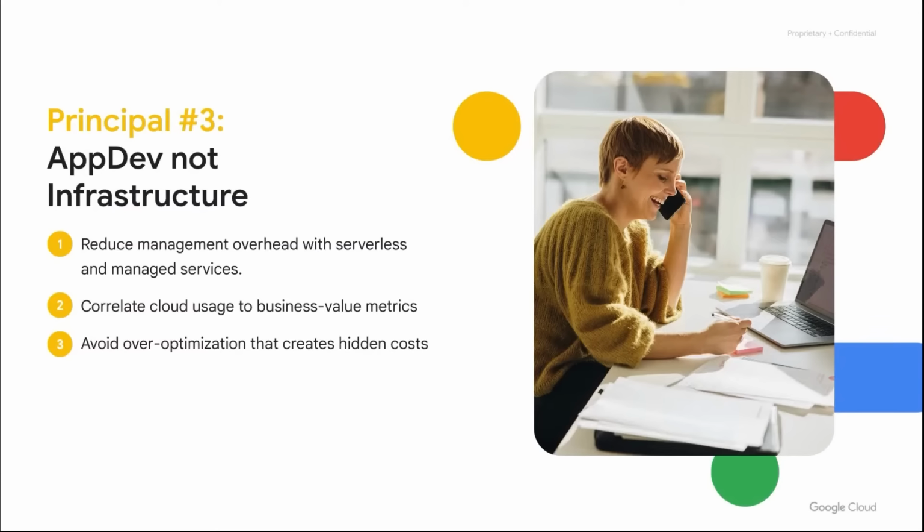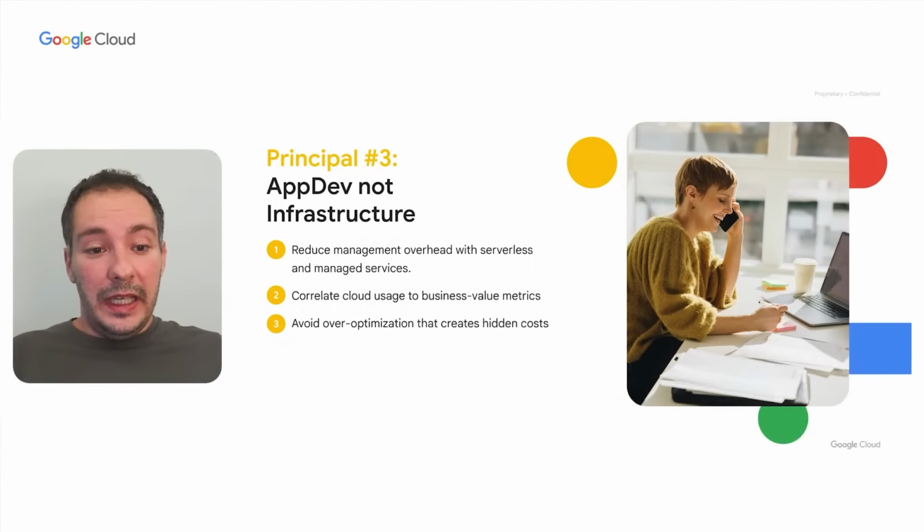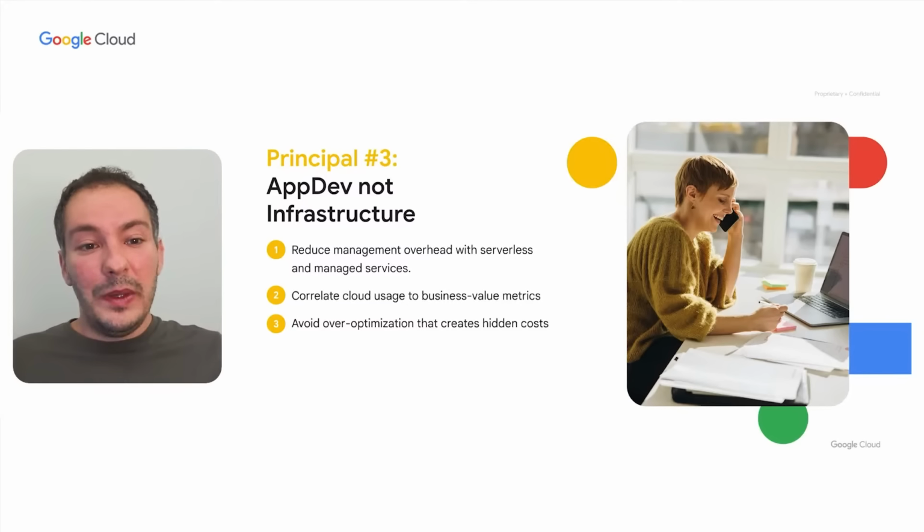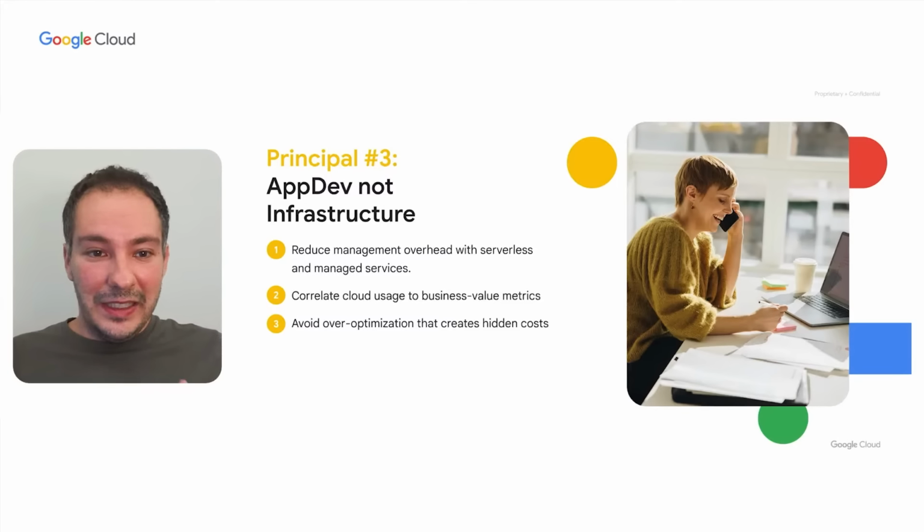And principle number three, you can always take an app dev approach, not an infrastructure approach, because with app dev you can, of course, reduce management overhead using serverless and similar strategies, and you can correlate cloud usage to business value more easily. So always think about app dev. It's not something written in stone, but it's a strategy that is important to keep in mind.